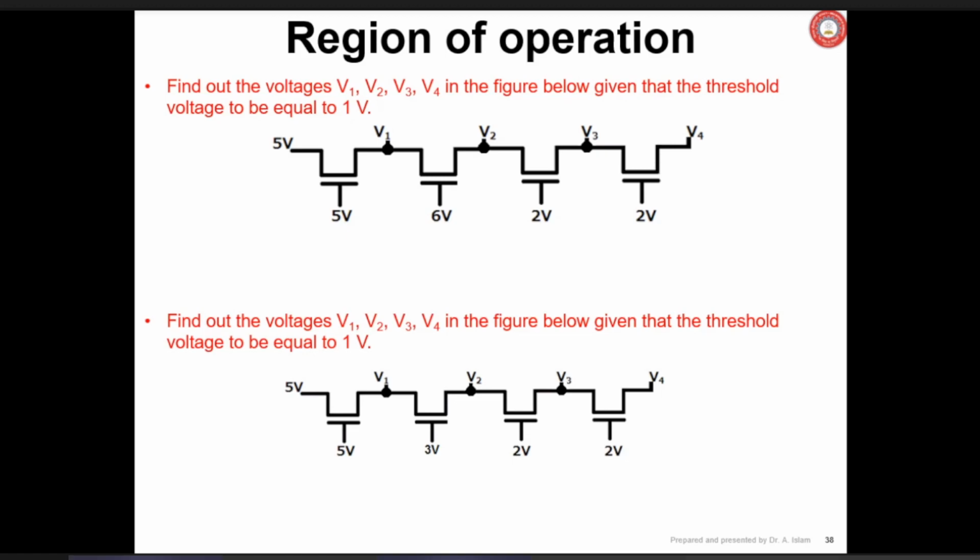Yes. Now, who is going to say his answer? Sir, is it 4, 2, 1, and 0? V1, V2, V3, V4. What was that? Repeat. 4, 2, 1, and 0. Your name is? Himanshu. See, I am writing your name not to insult you or do anything, okay?